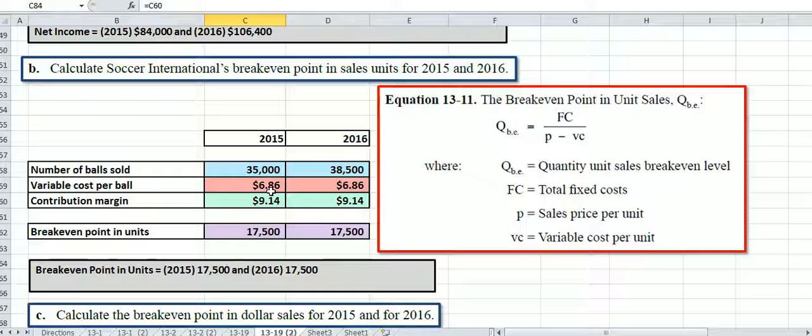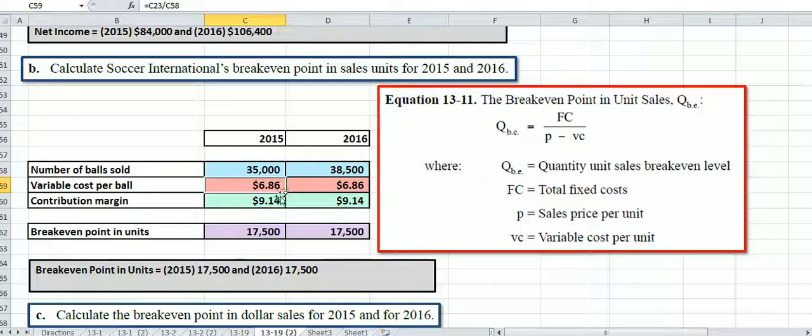We got that by taking the variable cost divided by the total number of balls sold, and that's going to give us our variable cost per ball.